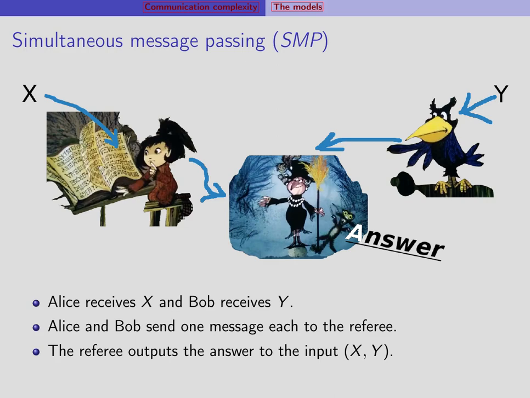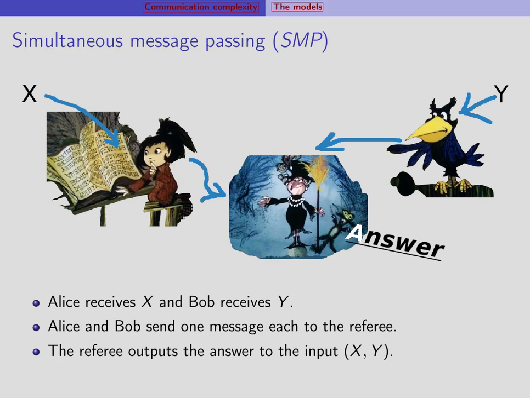And here, of course, we can see right away that the model is much more restricted, much more limited, because there is no interaction, and also the party who has to produce the answer, the referee, does not receive, so to say, for free any portion of the input. Because before, in the two-way case, when Bob was answering, Bob knew the value of y.